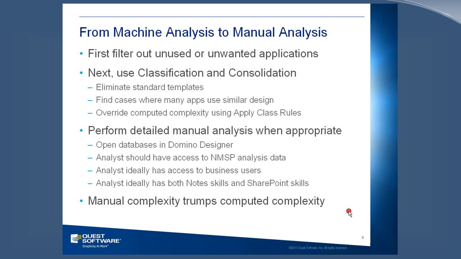And so as you go further and further down this path, the numbers that you see in your reports will get better and better, because we're always going to use the manual complexity. And there are even some flags you can put on your report so you'll know when you're looking at a 4, is that a 4 that came from a computed complexity, or a class rule, or manual analysis. That would be helpful when you're looking at those complexity reports.